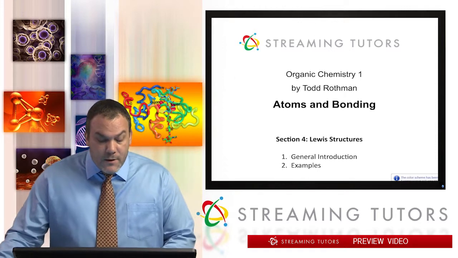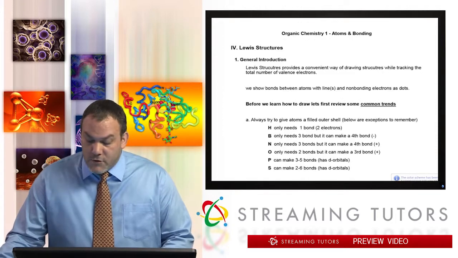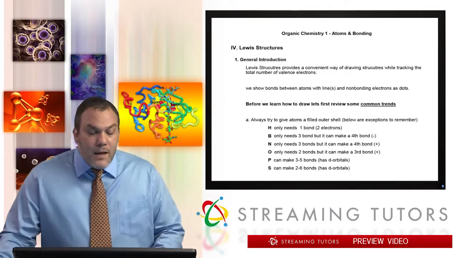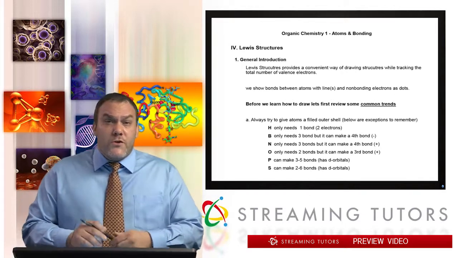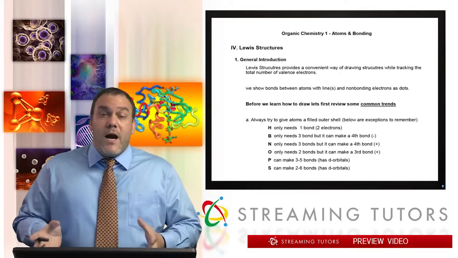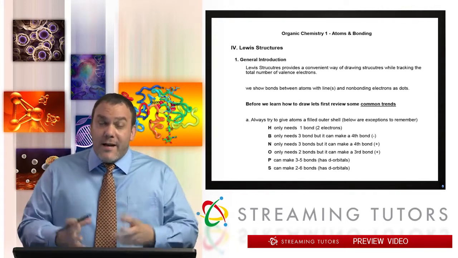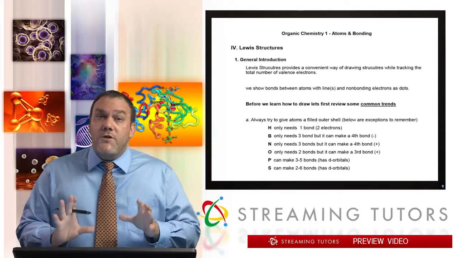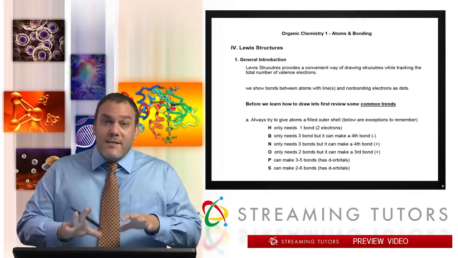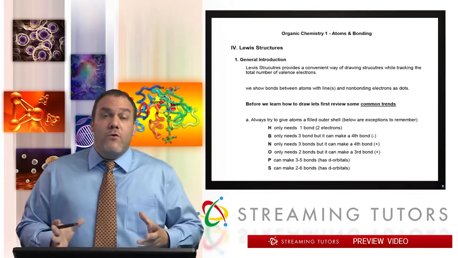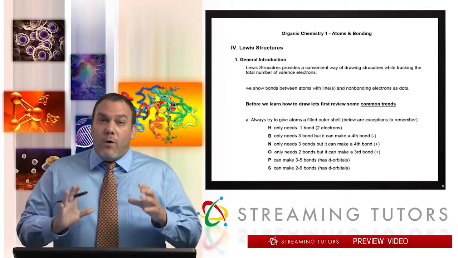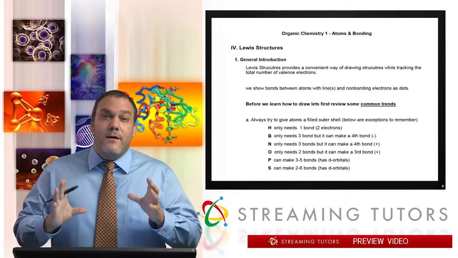Let's talk about the general introduction of this topic. Lewis structures have been around for a very, very long time, and people have used them to illustrate molecules and the connections between them. What's important to note, and this applies not just to Lewis structures but to any drawing that you do on paper, is that we're always focusing on the valence electrons.